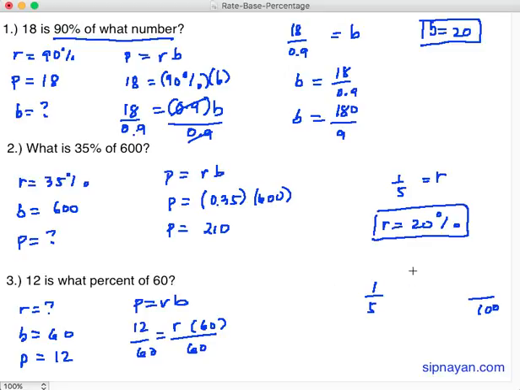You can only do multiplication and division. So, you multiply by 20. If you multiply this by 20, you also multiply the numerator by 20. So, we have 20 over 100, 20 per 100 or 20%. Any fraction whose denominator is 100, kung ano yung numerator, yun yung percent niya.